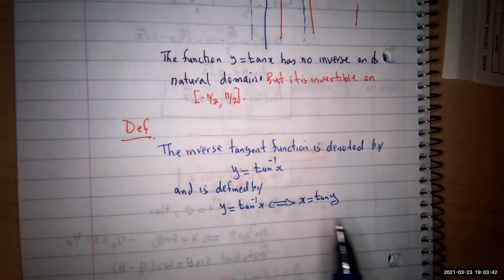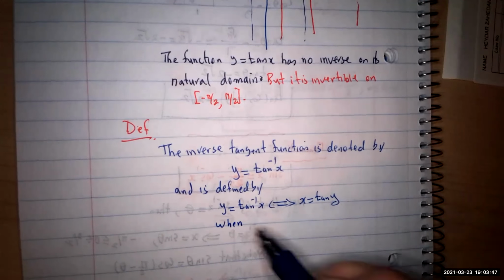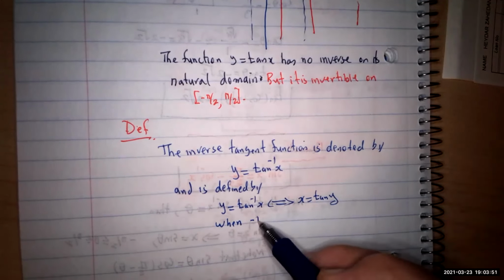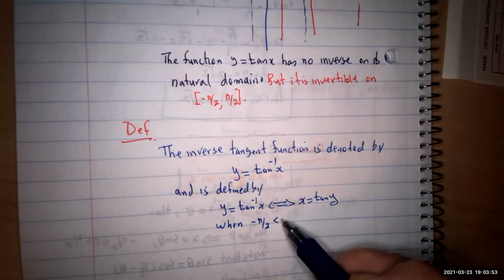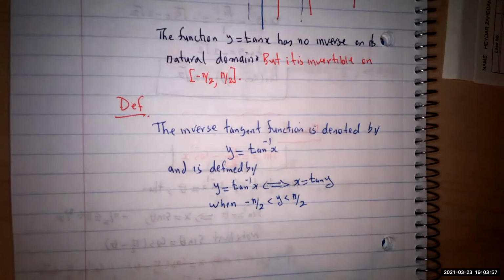Restriction: this y must be between negative pi/2 and pi/2. They don't like the infinity, so they don't usually write equal to. You can do it, it doesn't matter.